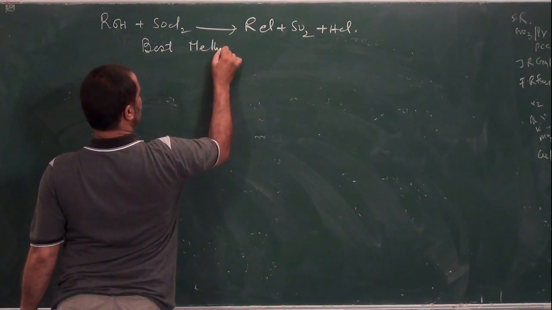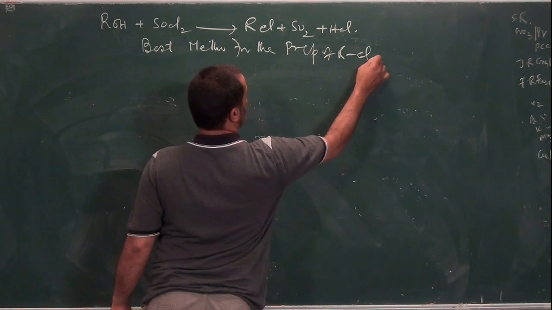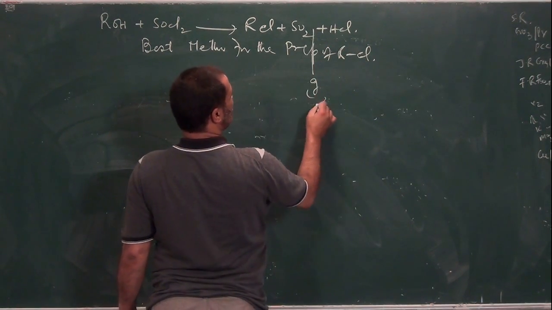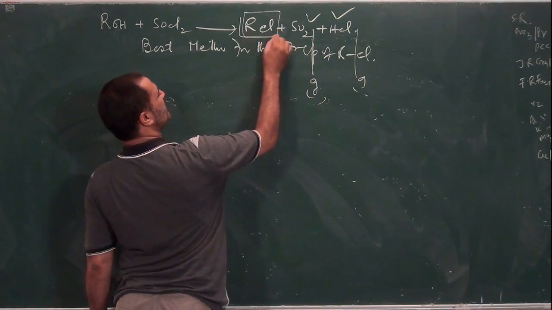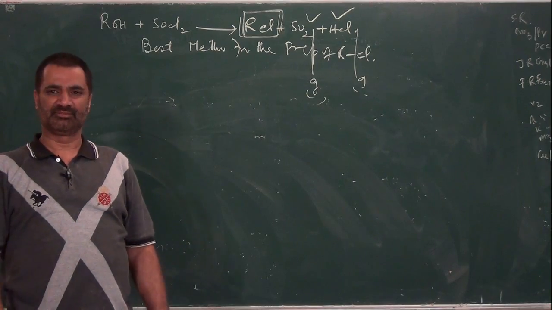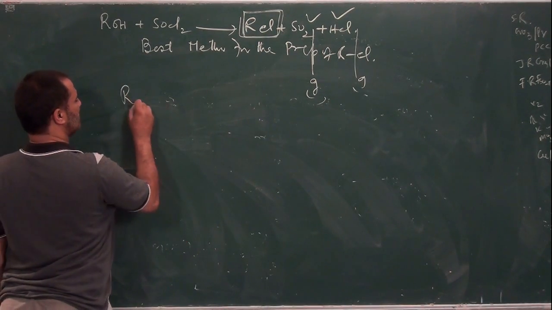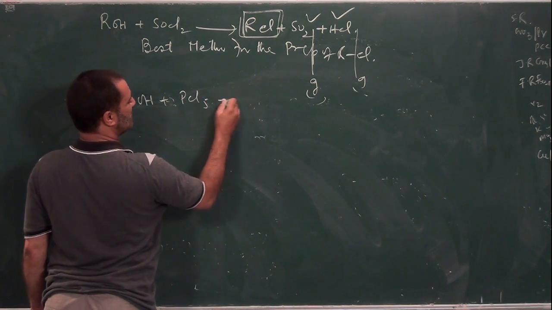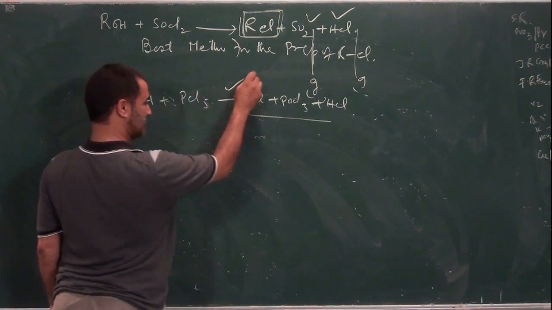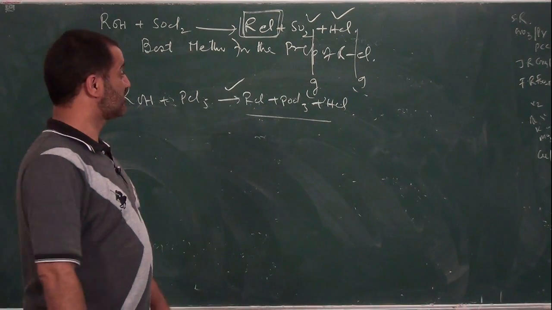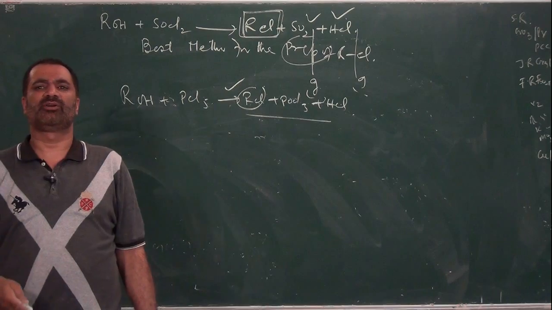Why? SO2 and HCl are gases, both escape and leave pure RCl behind, which needs no purification. Same ROH with PCl5 results in RCl plus POCl3 plus HCl. Again, this reaction was done when we discussed the preparation of alkyl halides.